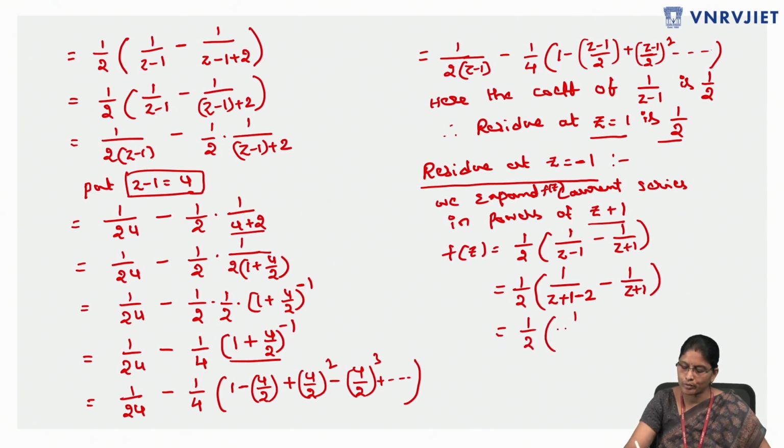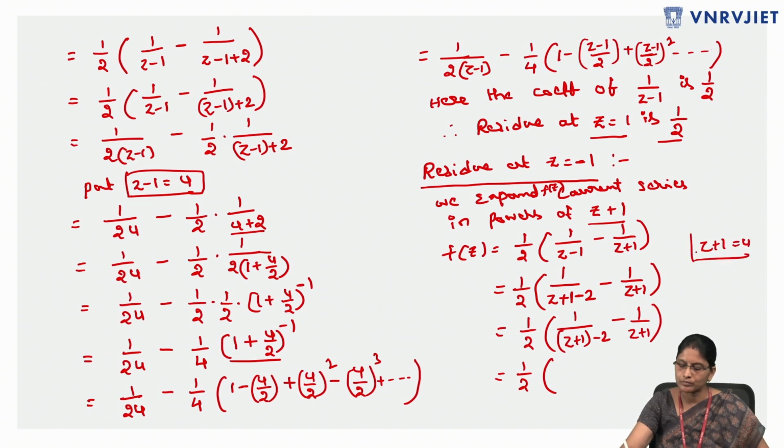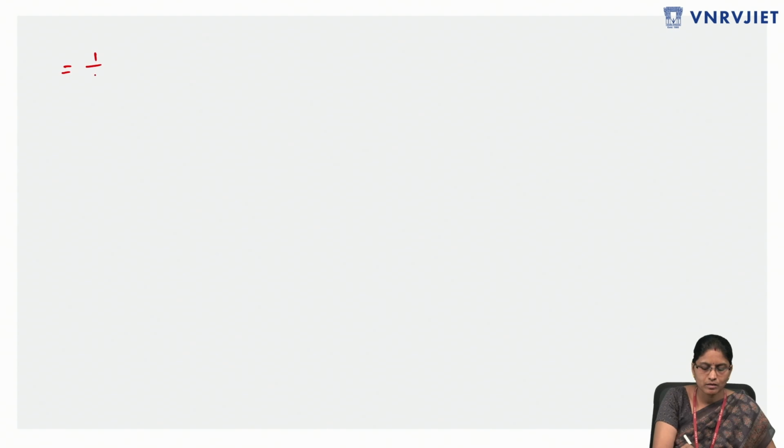Put z plus 1 is equal to some u. We get 1 by 2 into 1 by u minus 2 minus 1 by u.